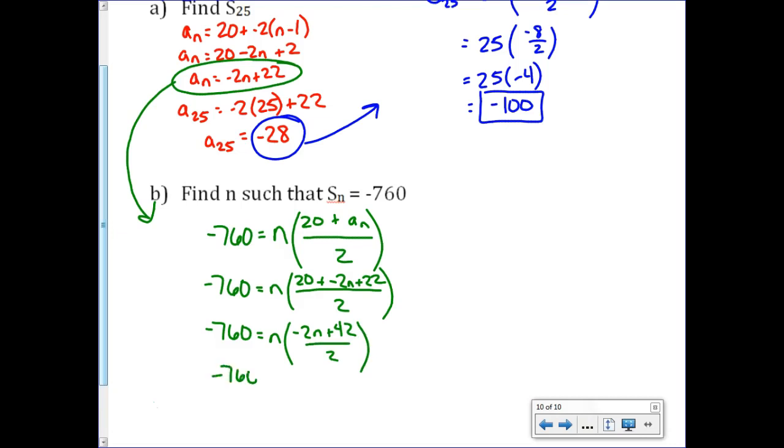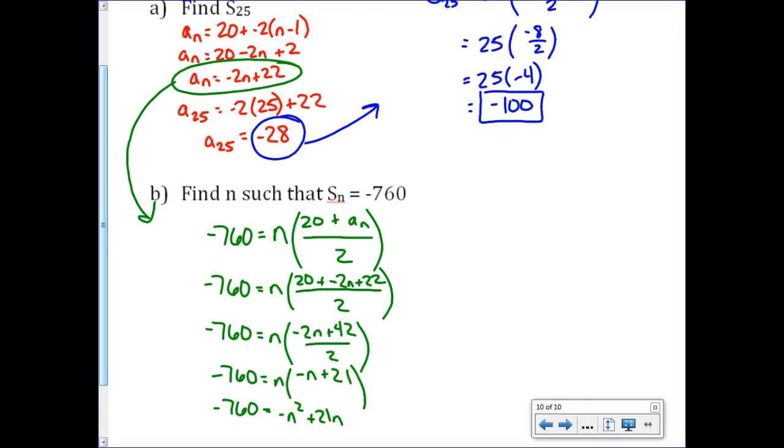So negative 760 equals n times negative 2 divided by 2 is just negative 1, or the opposite of n. And then 42 divided by 2 is 21. So then if I want to distribute that n, I get negative 760 equals the opposite of n squared plus 21n.